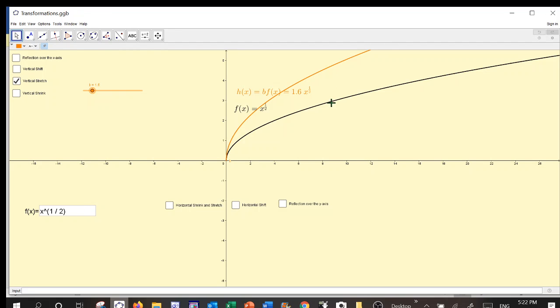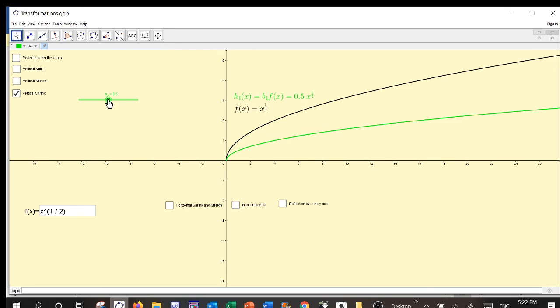That means these points are stretched proportionally depending on how much the value is, right? So it's not like a shift. You see, I turn on the shift of that much, 1.6, and all the points move up 1.6, but the stretch is different. It's proportional.